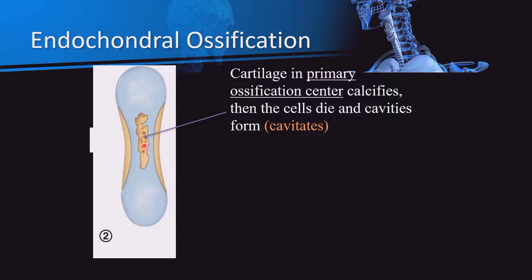what kind of cells are they? They are the chondrocytes, or the cartilage cells. These cells die and then cavities are formed. Okay, just imagine that you're holding a hollow cylinder in which you have packed a number of balls.